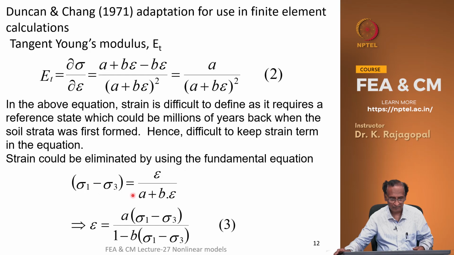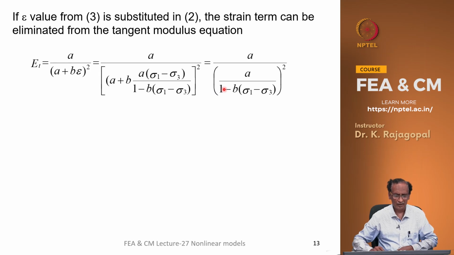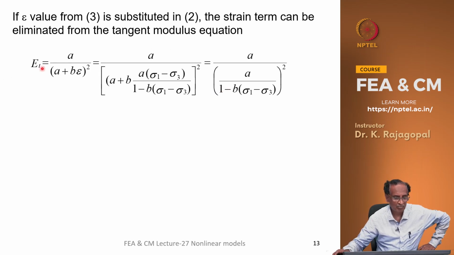By rewriting this equation, epsilon can be written as A times sigma 1 minus sigma 3, divided by 1 minus B times sigma 1 minus sigma 3. We substitute this epsilon here, and we get a very interesting equation.